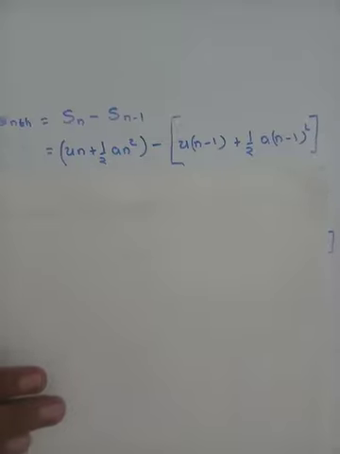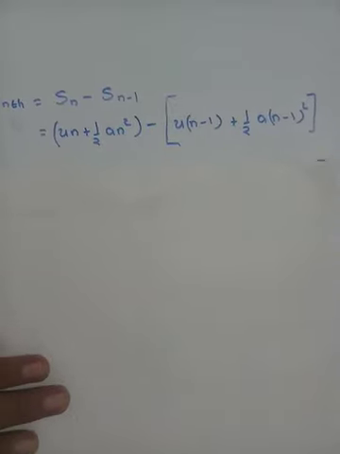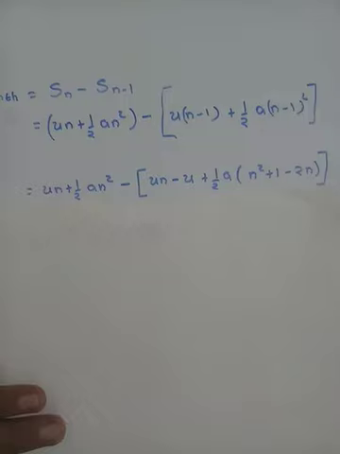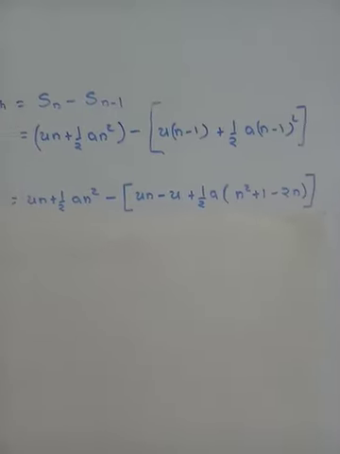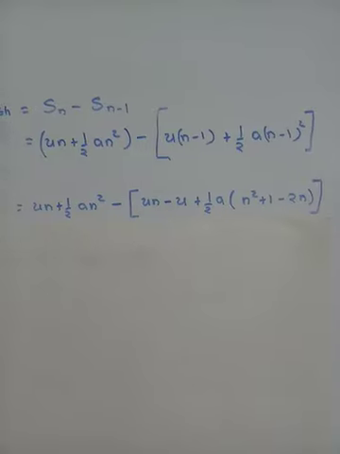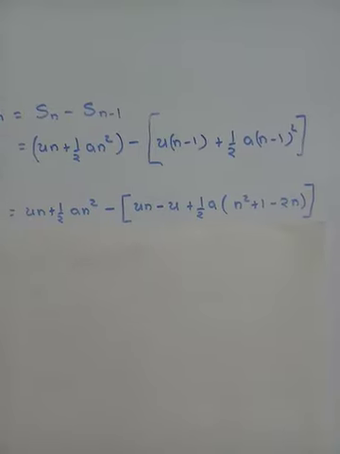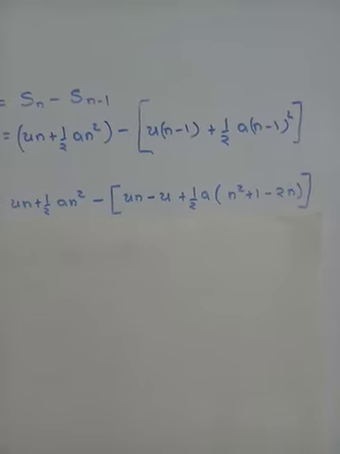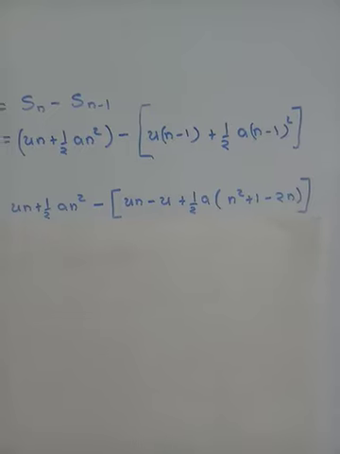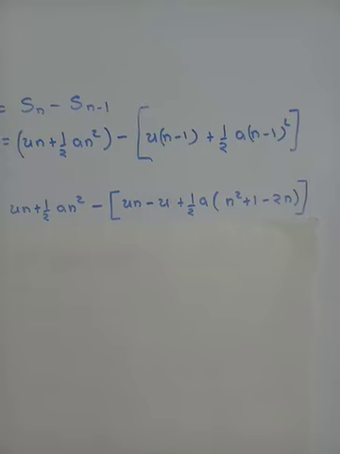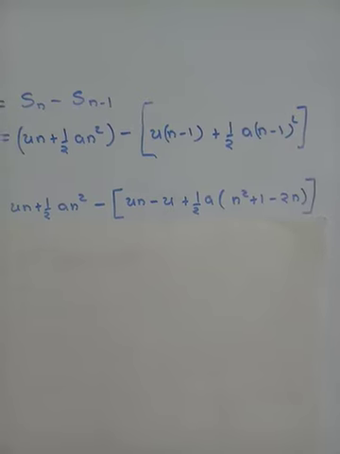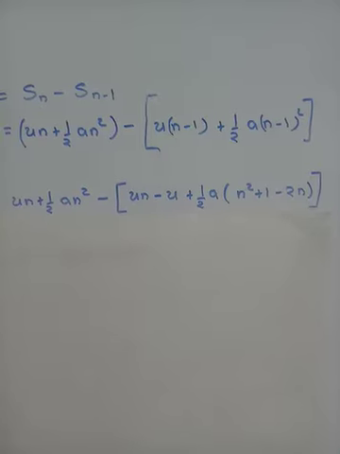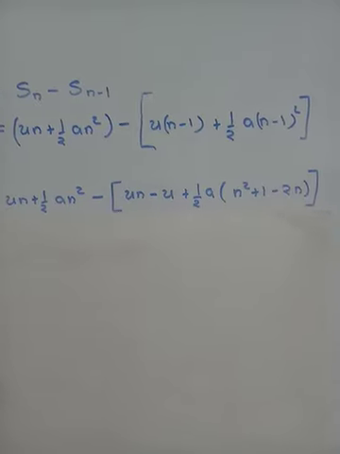the algebraic expansion of these. This is the algebraic expansion. I'm not going to do anything outside the bracket, whatever I'm doing is inside the square brackets. So just opening this, n minus 1 whole square, you already know it is n square plus 1 minus 2n. a minus b whole square equals a square plus b square minus 2ab.